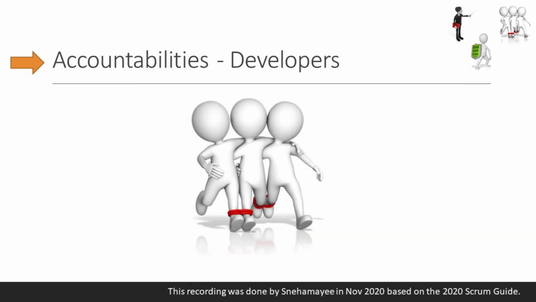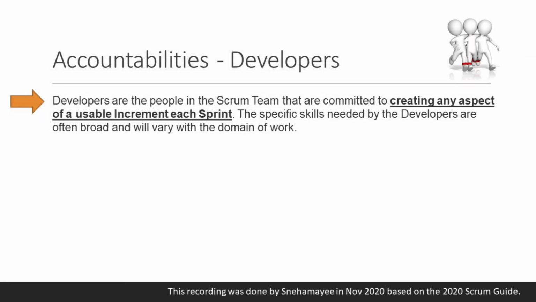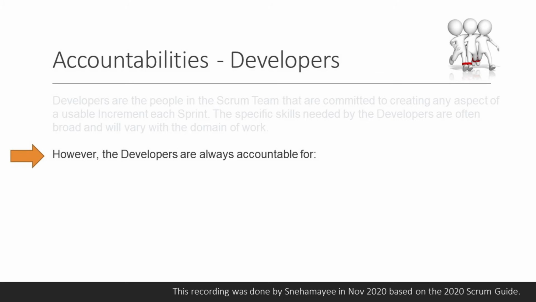Accountabilities. Developers. Developers are the people in the Scrum team that are committed to creating any aspect of a usable increment each sprint. The specific skills needed by the developers are often broad and will vary with the domain of work.